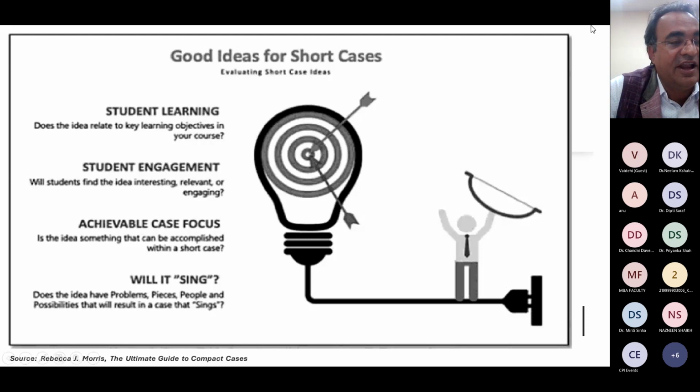And does it lead to alternatives, options, choices or issues which would help you in good analysis and synthesis? That will result in a case that sings. So a good compact case needs to tick the right boxes when you're looking at the problems, the pieces, the people and the possibilities. These are some good ideas to consider while you evaluate whether you want to write a short case or a compact case. So this is it. Next slide.